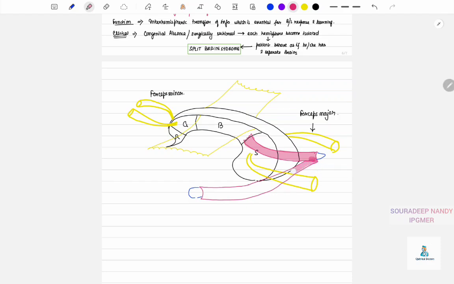Then they pass forward and downward and make the lateral wall of the inferior horn of the lateral ventricle. So this is how the tapetum looks.